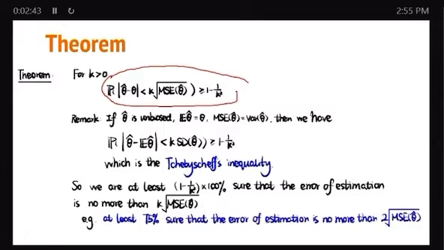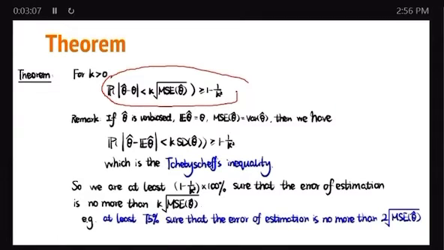Inside the square root, what do you see? Mean square error. Don't forget, the estimator may be biased or unbiased. If it's unbiased, the mean square error of the estimator becomes the variance. If it is biased, of course, you have the mean square error. So that is greater or equal to 1 minus 1 over k squared.